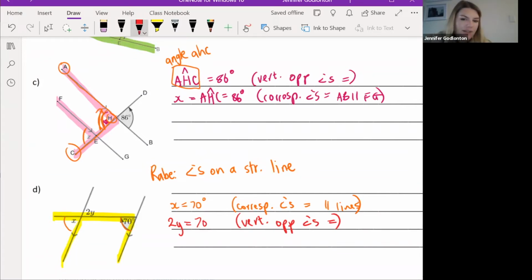So we actually don't even need to say that. We could jump straight to saying 2y is equal to 70 because we've already said that x is 70. Sure, and then we divide by 2 on each side, and y is equal to 35. Perfect. Nice job, well done. Thank you.